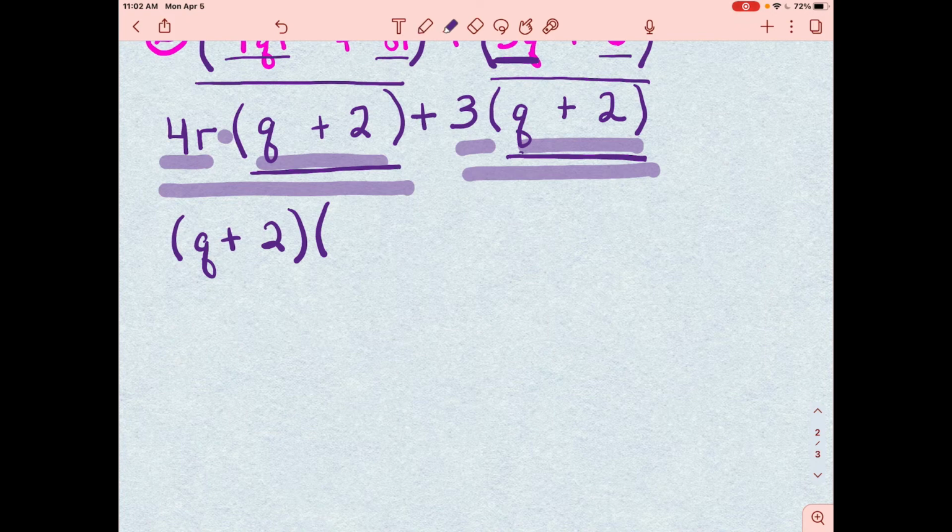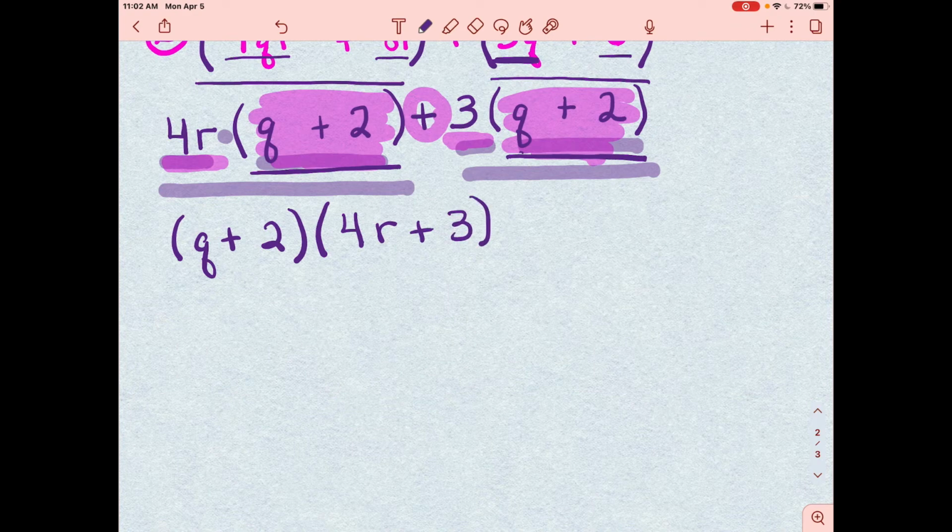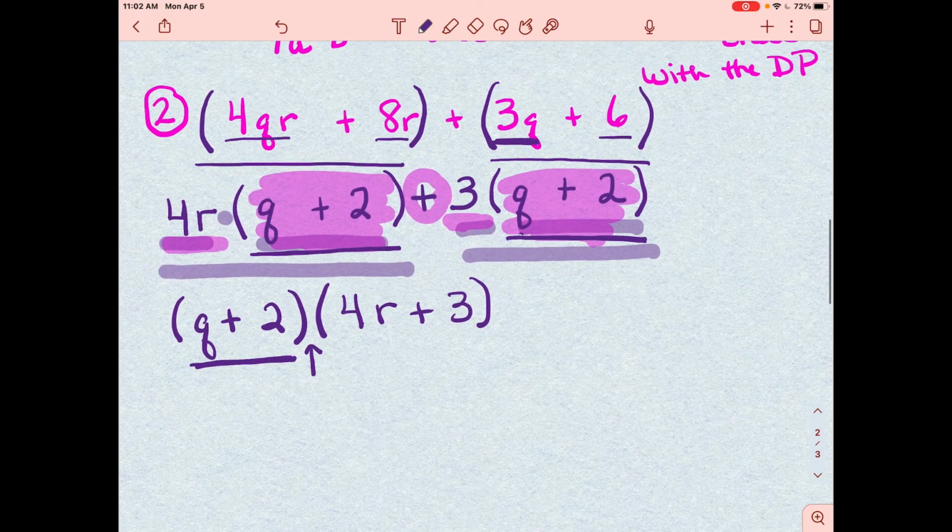Let your brain eliminate this and eliminate this, because we're factoring it out, and focus here and here and here. What's left behind is 4r plus 3. Notice that there is no adding here because I factored this out and it goes on the outside of this parentheses. It's kind of tricky. Takes a little getting used to in your brain.